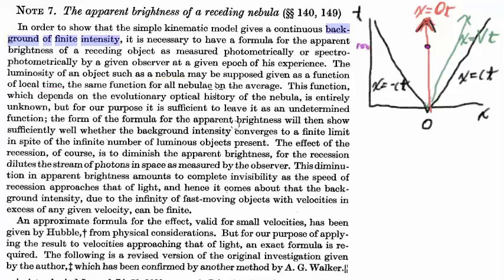Let's go back. Here we are. It is necessary to have a formula of the apparent brightness of a receding object. So that receding object is this greenish one, as measured photometrically by a given observer, because this is the light that he is experiencing at this moment.